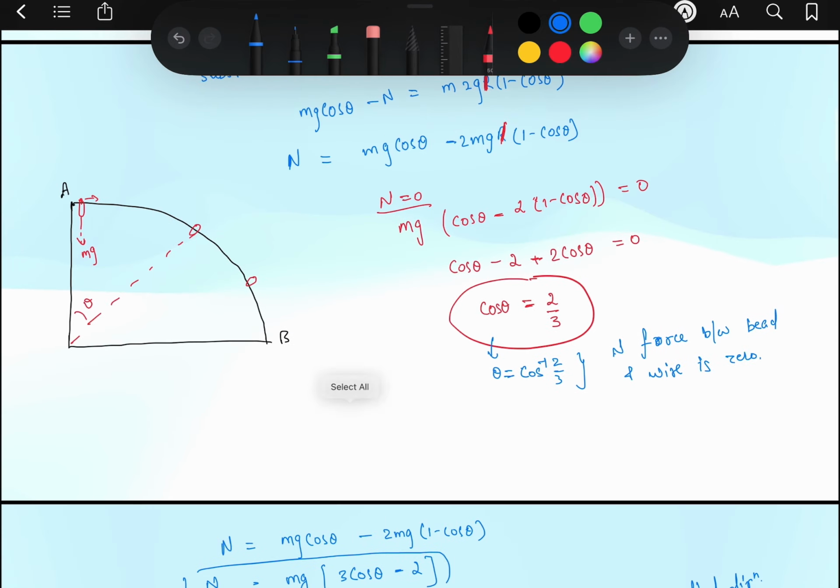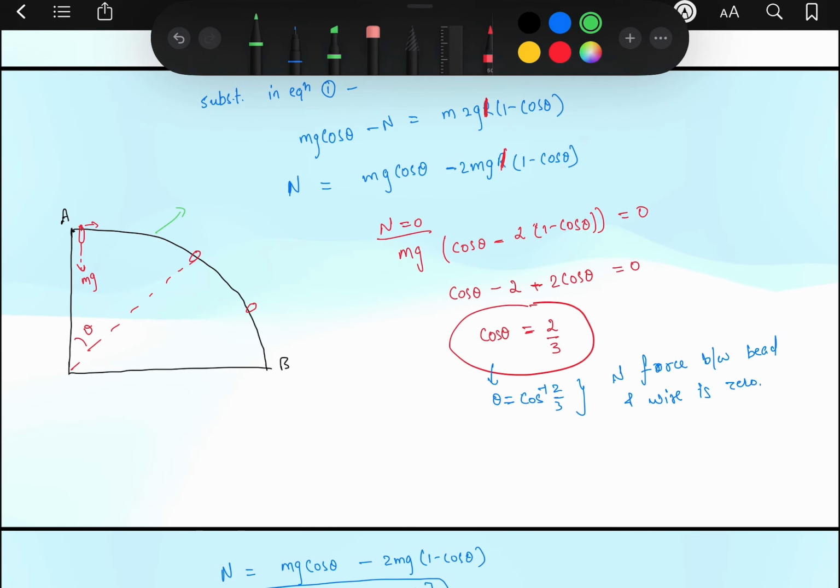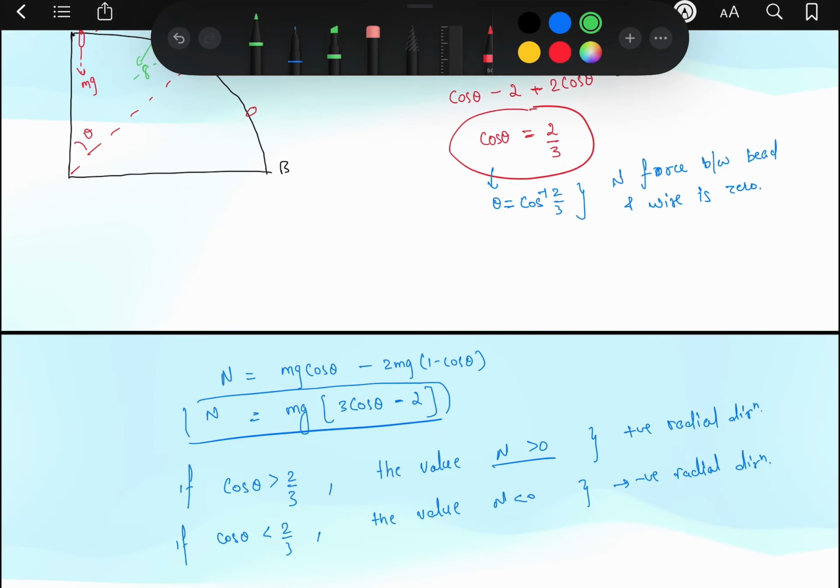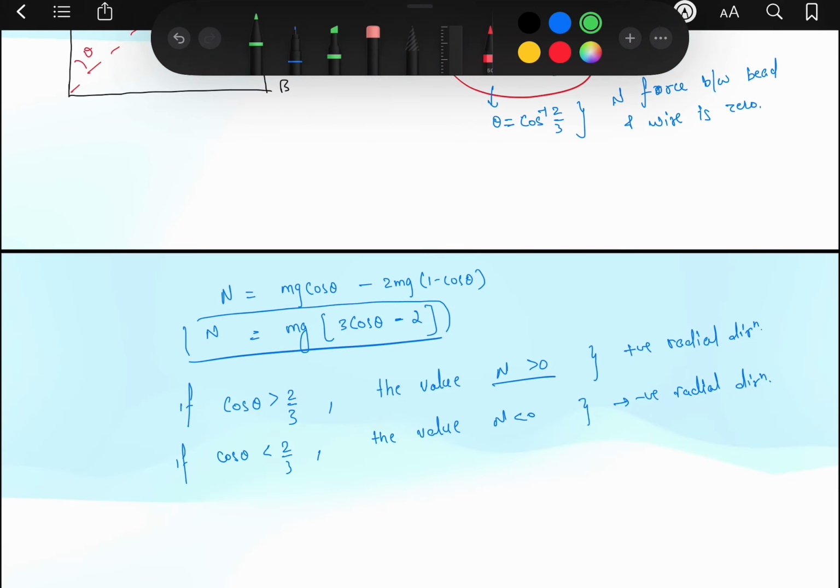So negative radial direction means what? As I have told you earlier, this is our positive r cap direction and this is our negative r cap direction. So if cos theta is greater than 2 by 3, then normal will be greater than 0. That means normal is acting on this bead in the positive direction.